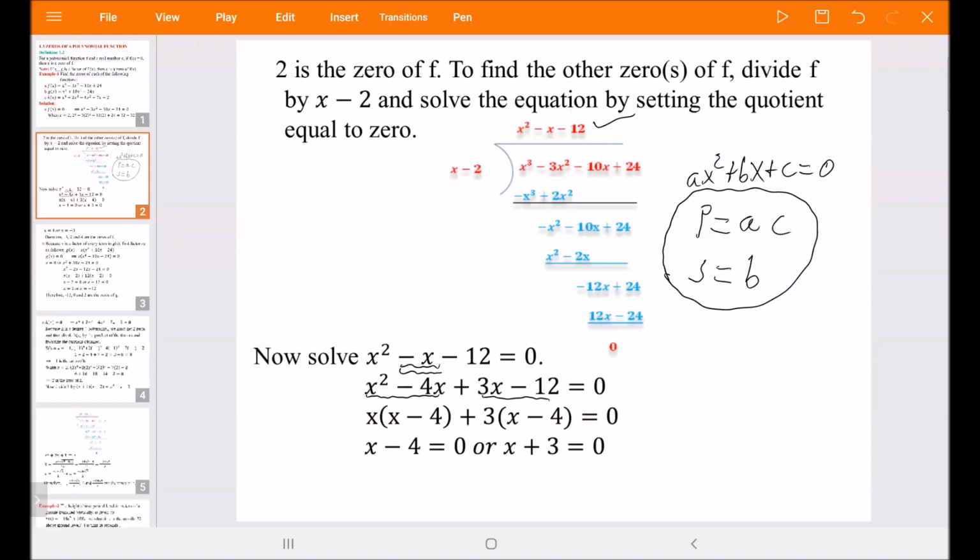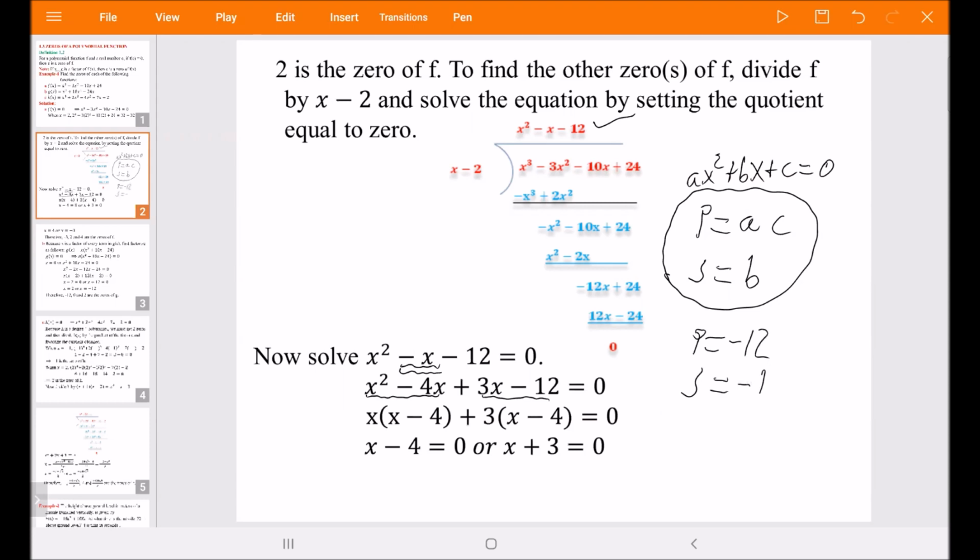So in this case, we are interested in finding two numbers. The coefficient of x squared is 1. So 1 times any constant number is that constant number. So we find two integers, their product is minus 12 and their sum is minus 1. Product minus 12, sum minus 1.